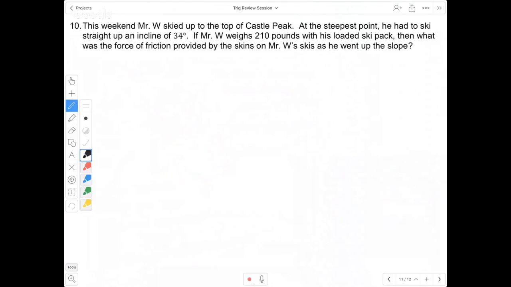Moving on to number 10. Let's see. We've got me skiing up Castle Peak at an incline of 34 degrees. There are my skis. There's me.